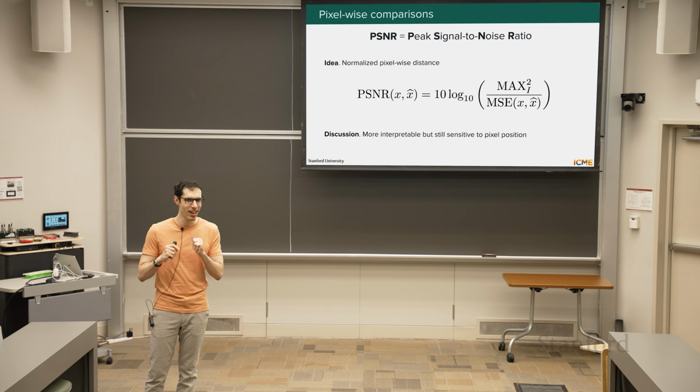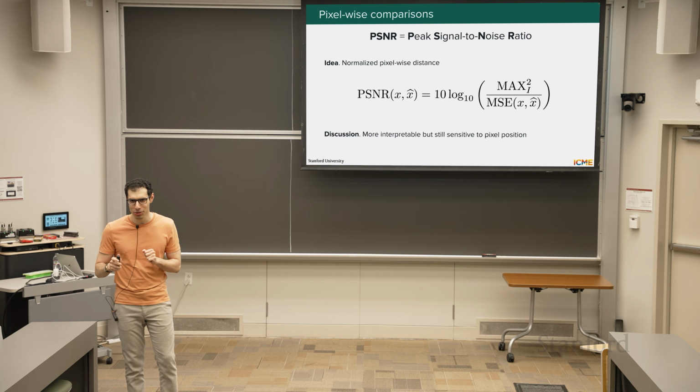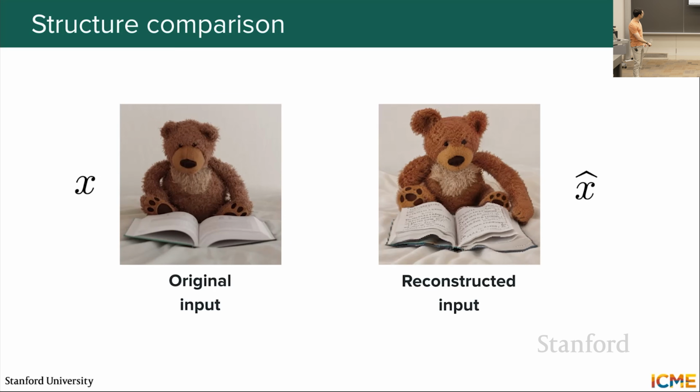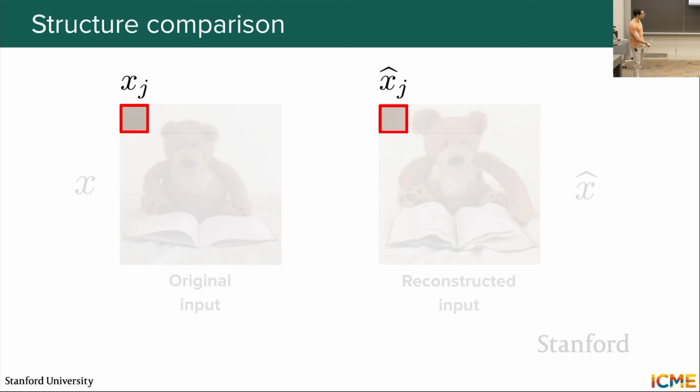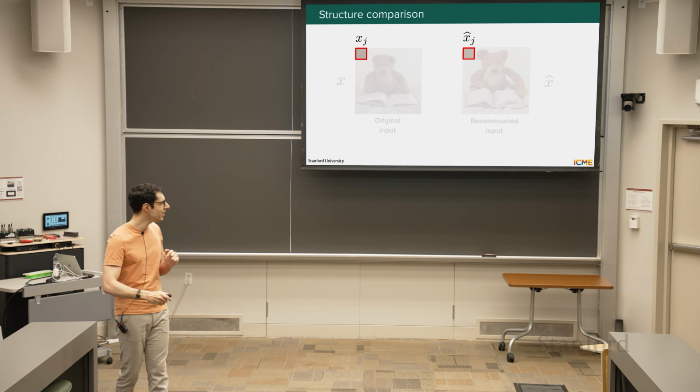And this is the reason why these are not the only metrics that people use. And in particular, there is one metric that you may see in papers that looks at how these images are structured. So let me tell you a little bit about what I mean here.